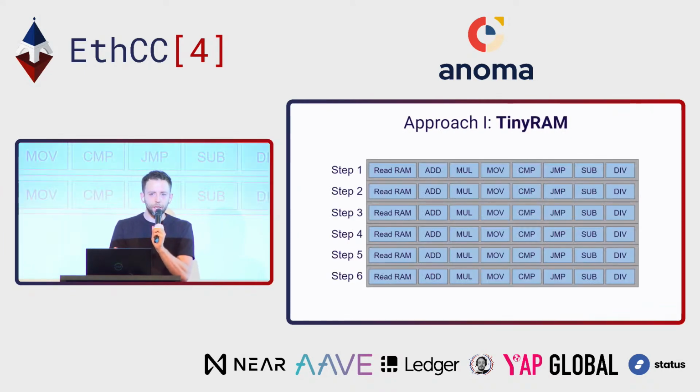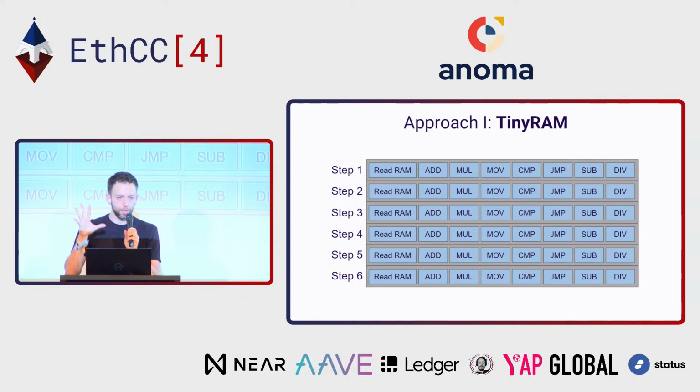So as you can see, we get a quadratic complexity. We have the number of steps in our execution trace, and we have the number of operations in our virtual machine, and this is the matrix which you need to build the circuit for.